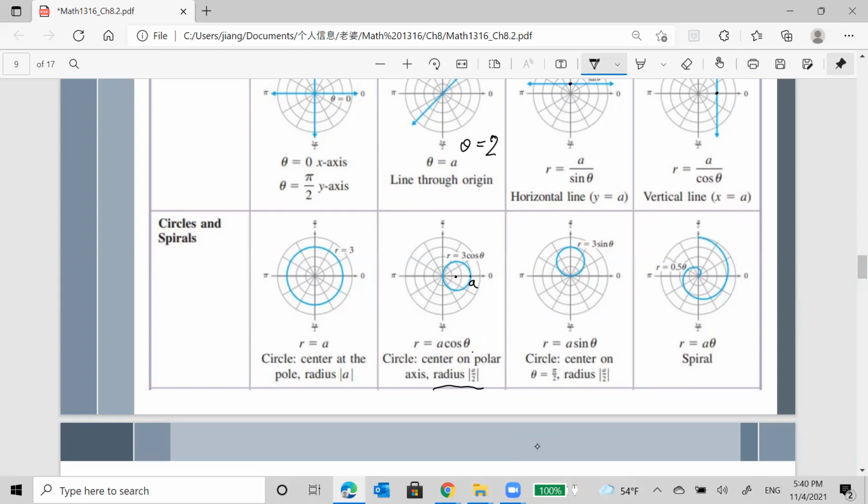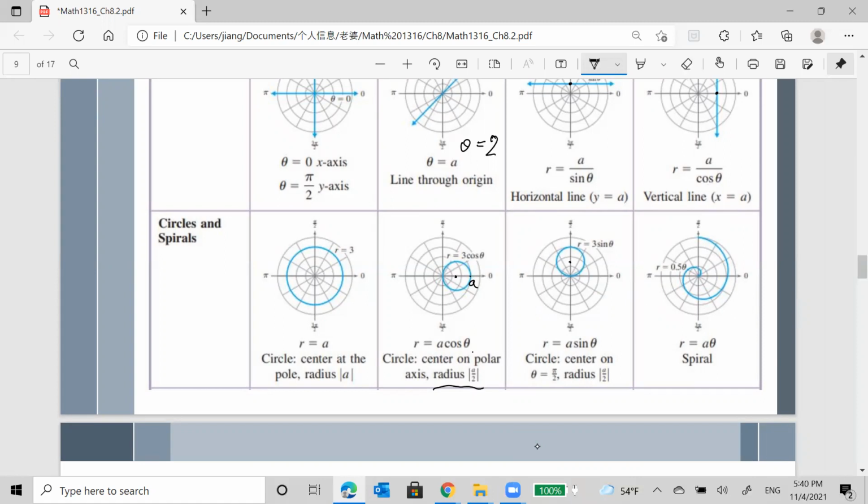For r equals a times sine, the center lies on theta equals pi over 2, which is here. So if a is positive, it's on the top. If a is negative, it's on the bottom. And the radius is absolute value of a over 2.